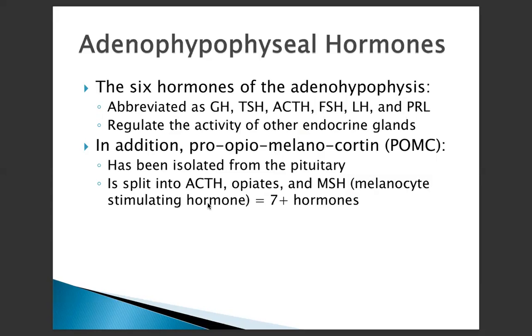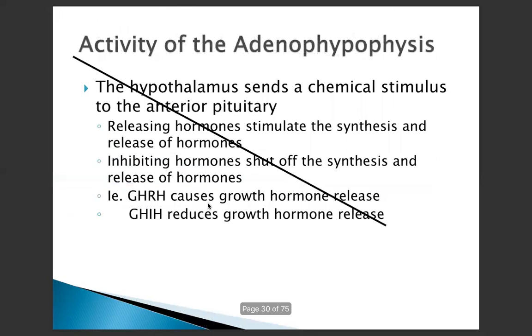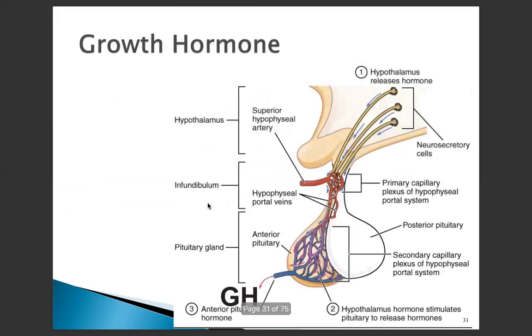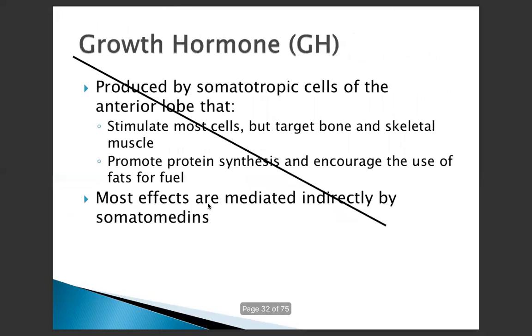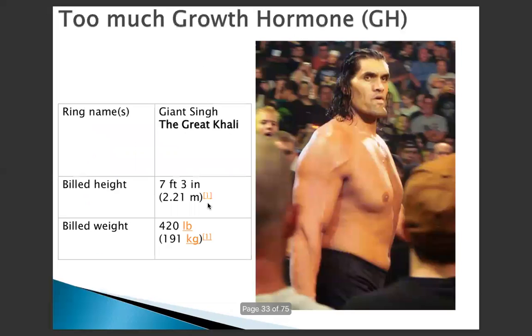It is split into ACTH, opiates, and MSH, the melanocyte-stimulating hormones, which are 7+ hormones. We won't be talking about this with activities. Growth hormones, we will not go through these.